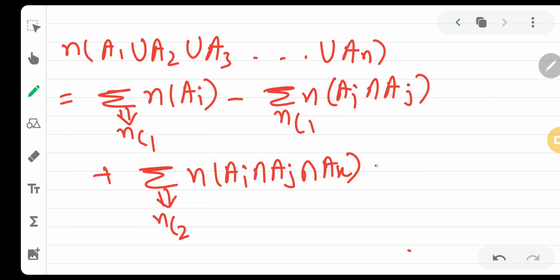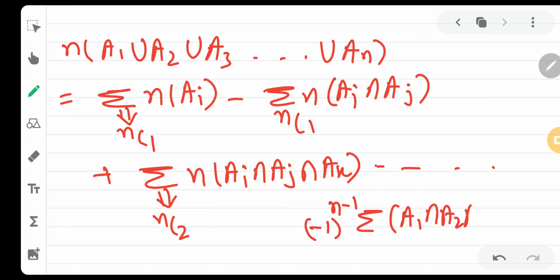And this process will continue up to what? Last step. Last is what? Minus 1 raised to n minus 1 summation A1 intersection A2 intersection A3 and so on AN, and there are nCn, that means only one element possible, right?